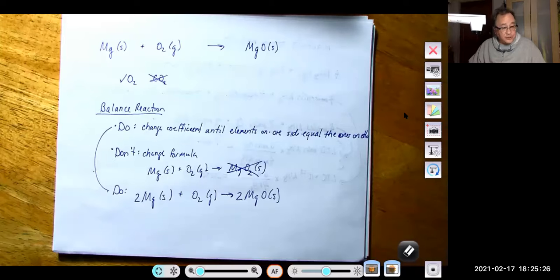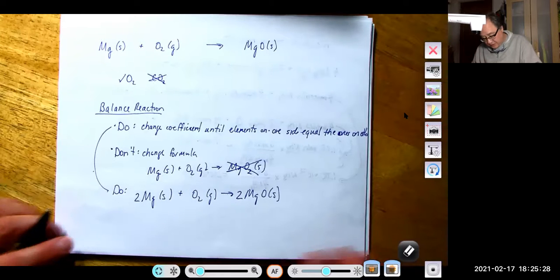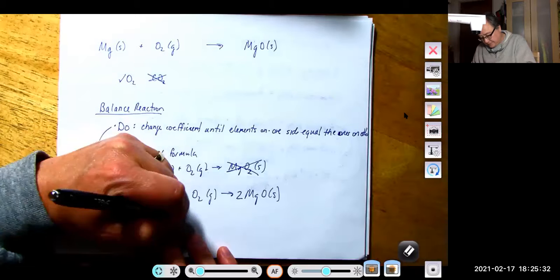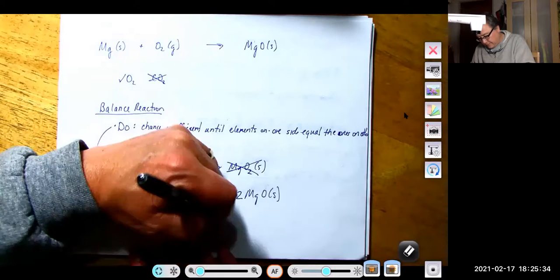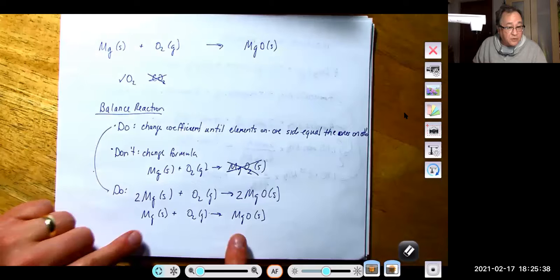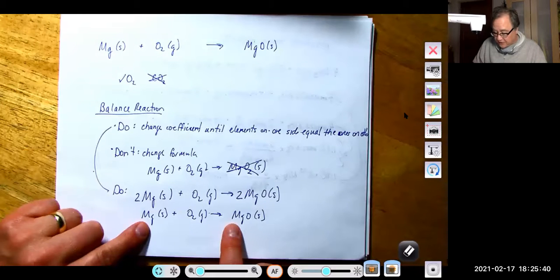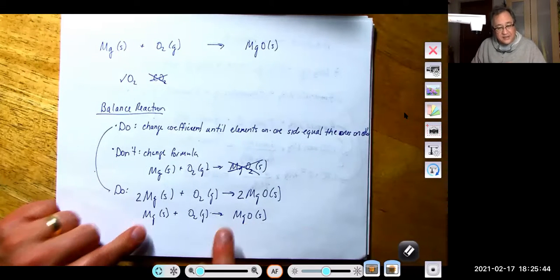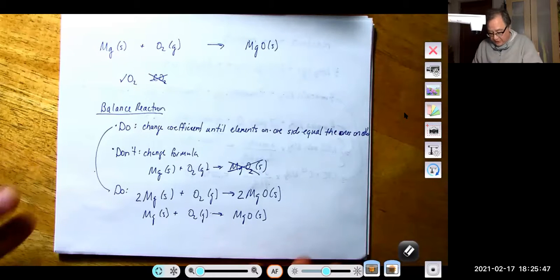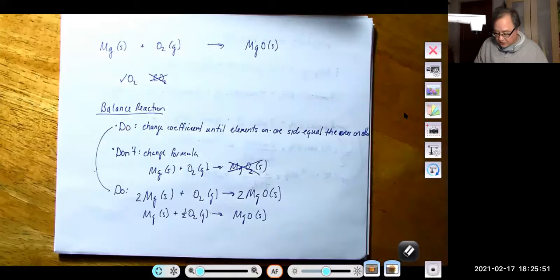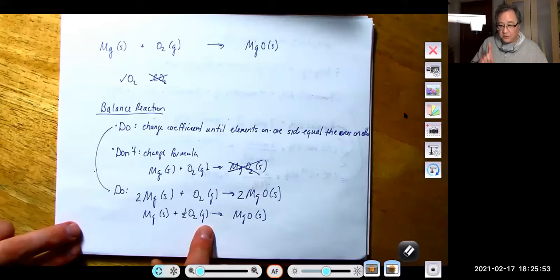Another way to do the do on this side is as follows. I have 1 magnesium on the left and 1 on the right, and I have 2 oxygens on the left and 1 on the right. And I don't want to upset the magnesiums. I want to keep them equal to 1 each. So I'm going to put a 1/2 here. How many oxygens when we have half of an O2? 1.